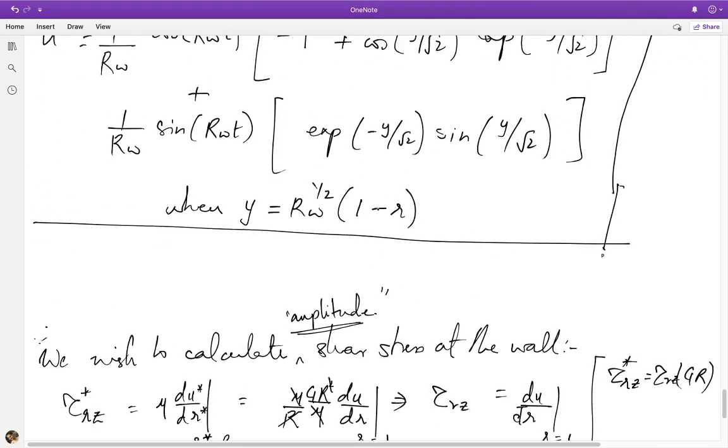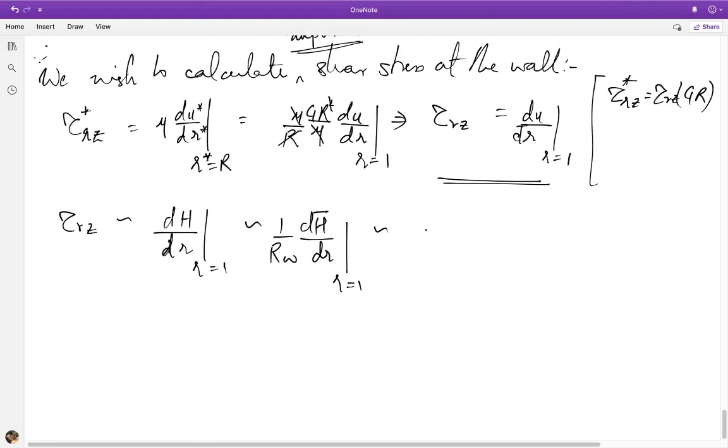Yeah, right, what we have here. So this means I can write it as dH bar by dy. I'll get a negative sign because of the relationship, and then I get Rw to the half as well from the boundary layer scaling, and then I have the original 1 over Rw. So this basically becomes a half as I cancel this out.